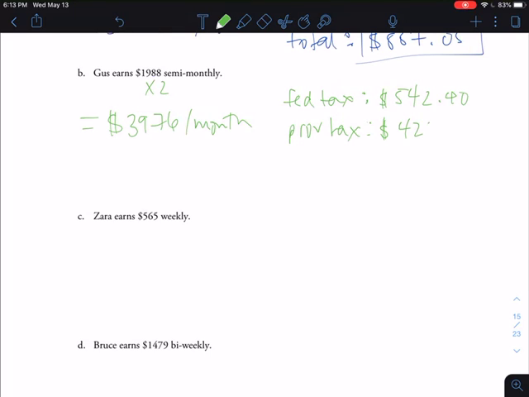So $424.15. I'm going to add them together, right? And that's going to give us our total, which is, let's see, 542.40, $966.55. Okay, so Gus, it's not how you spell anything, you guys. Oh, man.